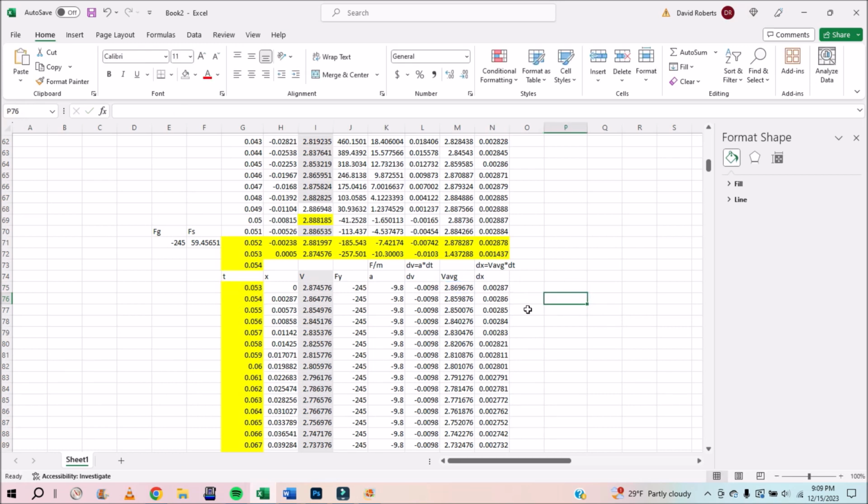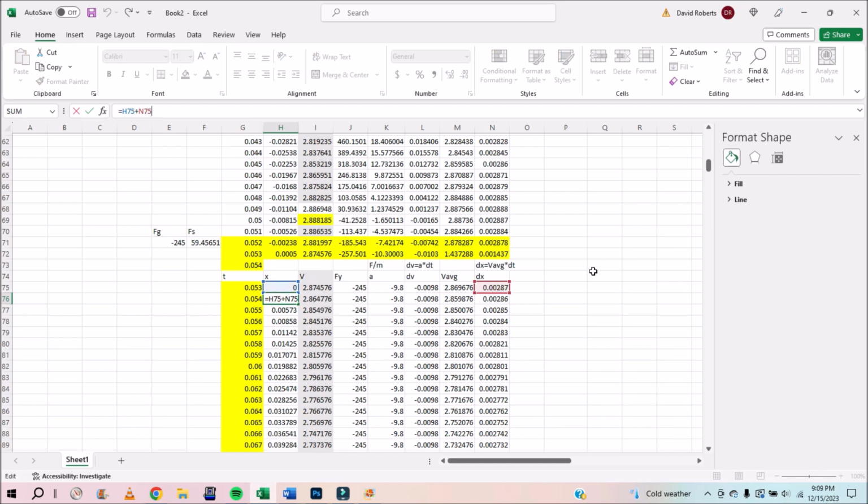Our change in x is positive. We're still going in the positive direction, but it's getting a little bit smaller: 0.0028, 0.0027. So x is going to be x initial, at that datum of 0, plus your change in x.